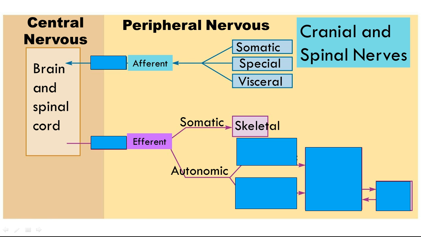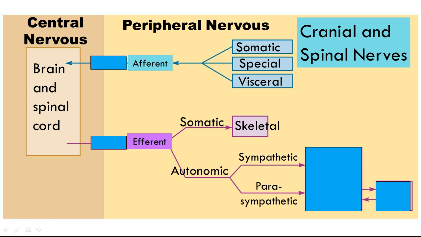If you look at this one, it's even more diverged, okay? The autonomic, the involuntary nervous system itself is also subdivided into two precise categories. They are called the sympathetic and the parasympathetic nervous systems.